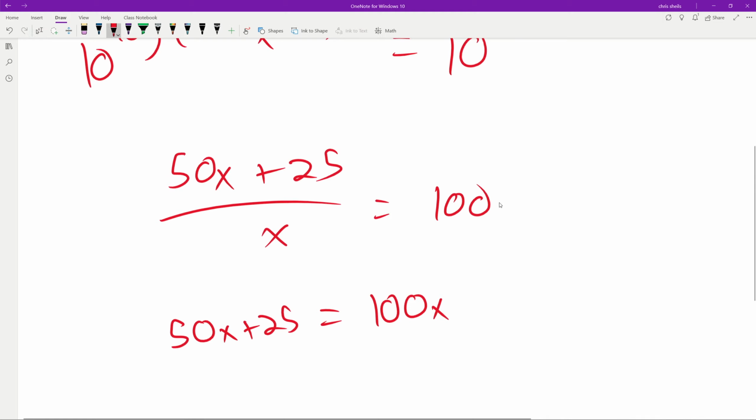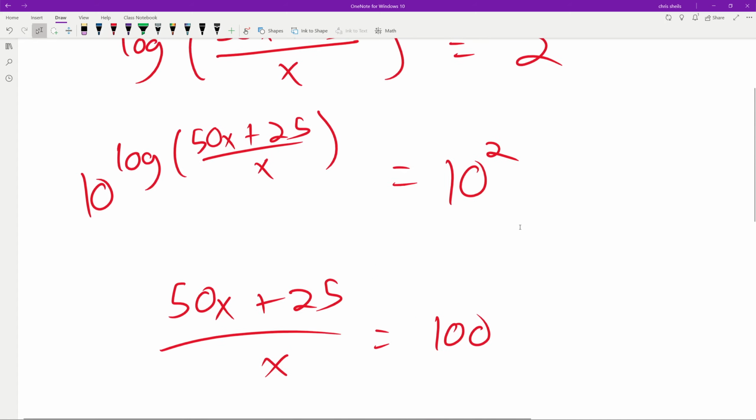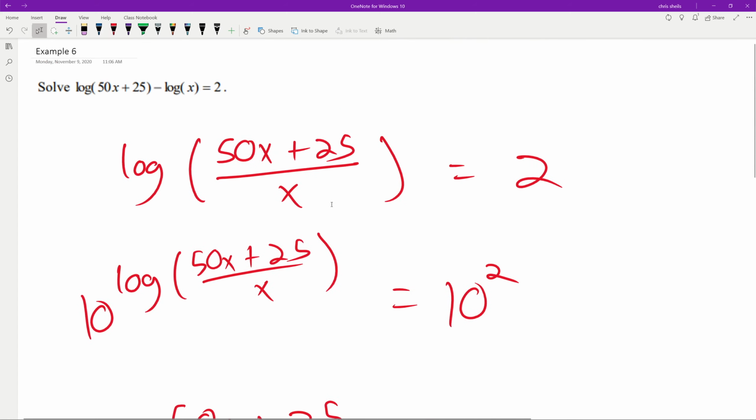Subtracting 50x from both sides, I get 25 equals 50x. And when I divide both sides by 50, I get that x is 1/2. And now if I plug 1/2 into my original equation, it doesn't look like I'll have any negative numbers, and it doesn't look like I'll have any zeros on the insides of these logarithms. So this is fine.